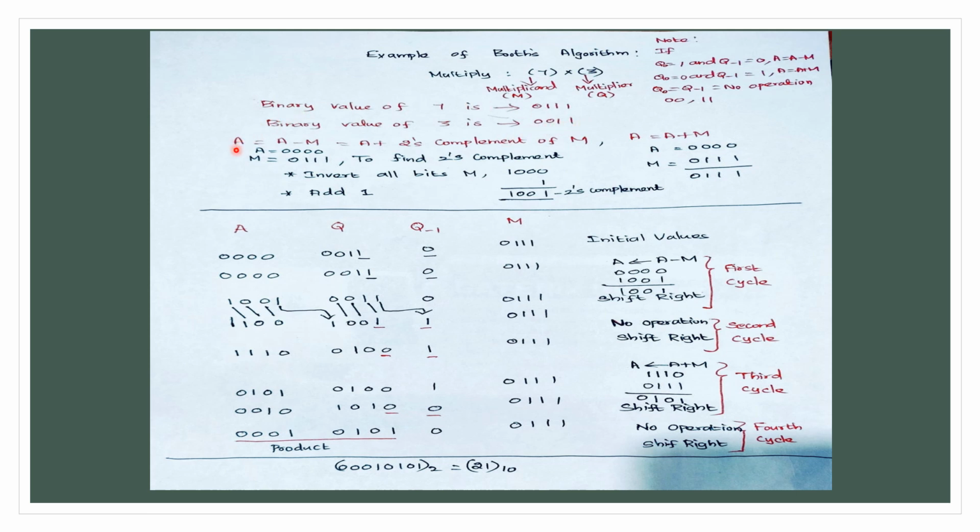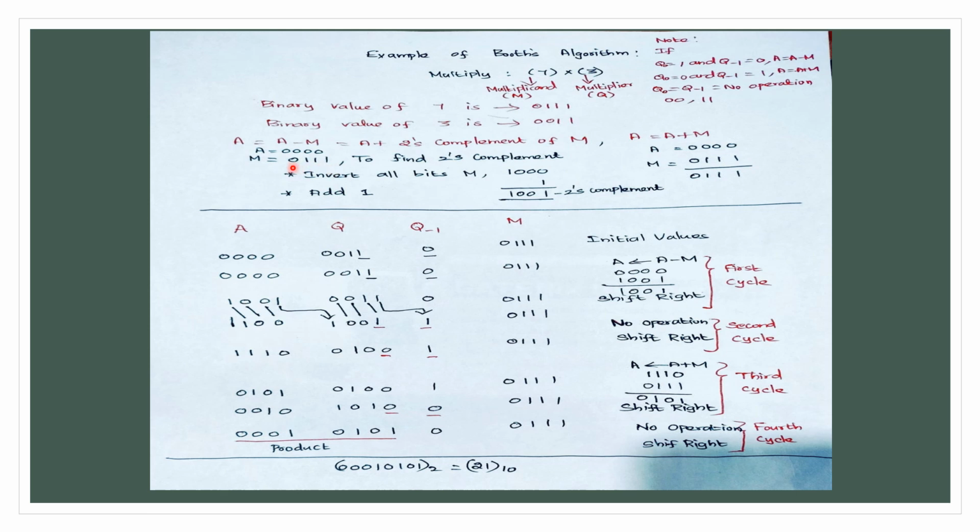So A equal to A minus M, to easily perform this operation, is also equal to A plus 2's complement of M. So the A value I take here is 0, 0, 0, 0. M value is 7, so 0, 1, 1, 1.